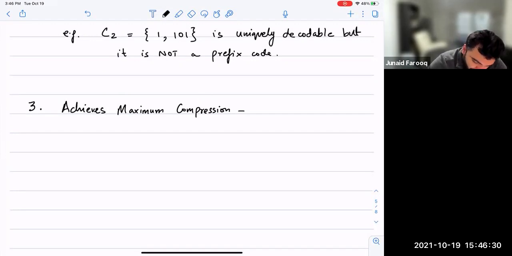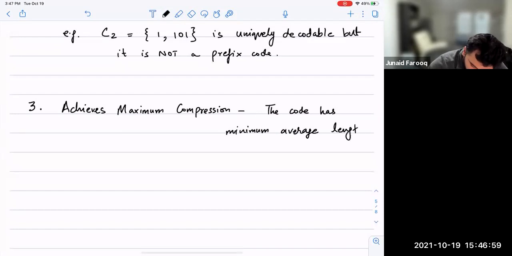Okay, so this basically means that the code has a minimum average length, L_C(X).